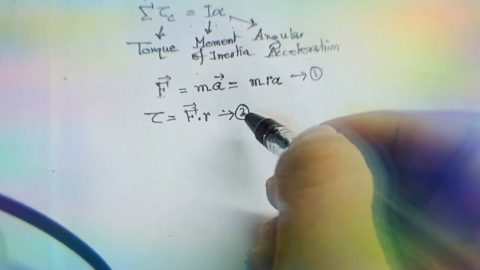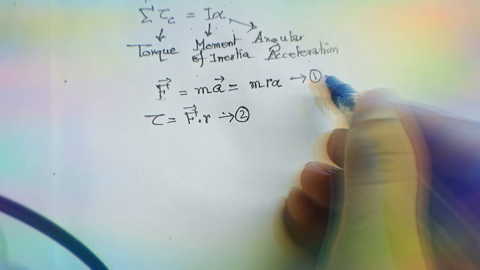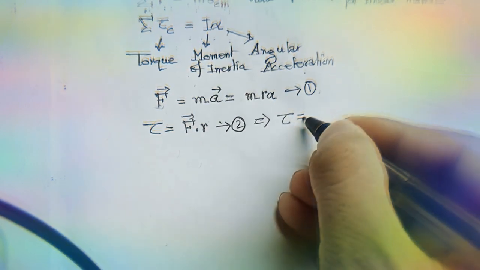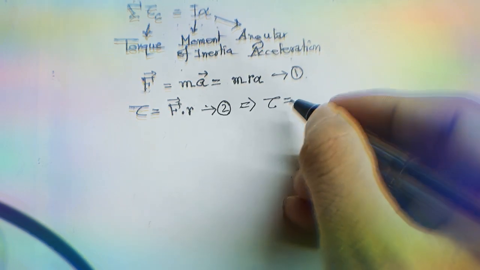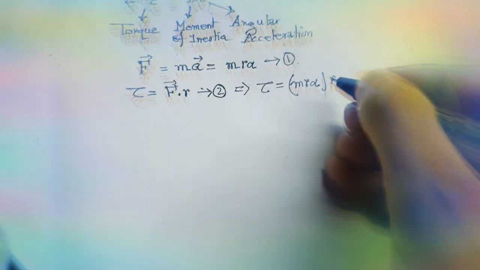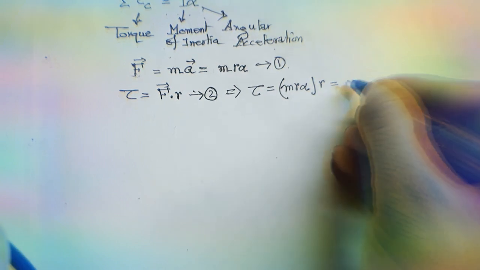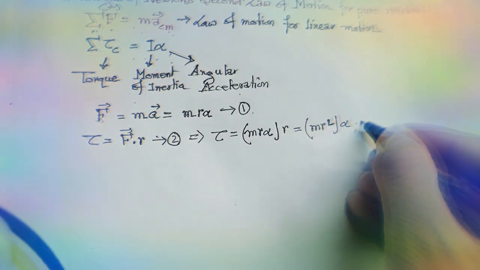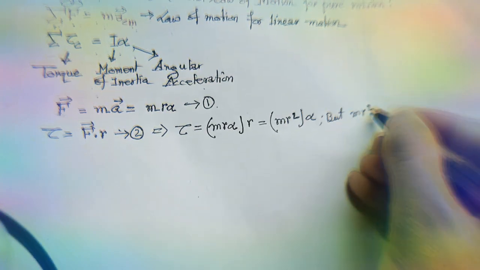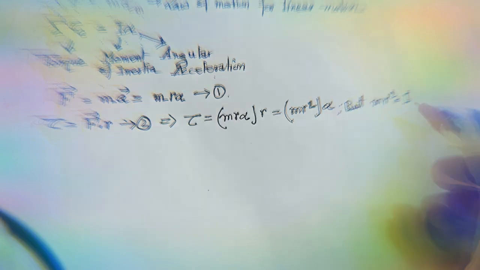If we put the value of F from equation number 1 into equation number 2, then it will become tau, or torque about the axis, equal to m r alpha multiplied by R, or it can be written in the form of m r square into alpha. But m r square can be written as the moment of inertia for a particle.